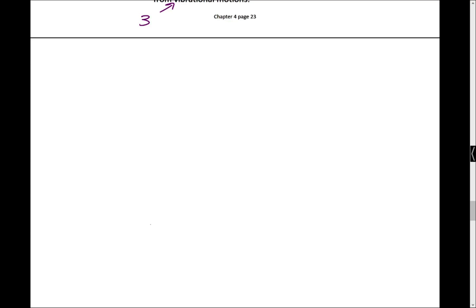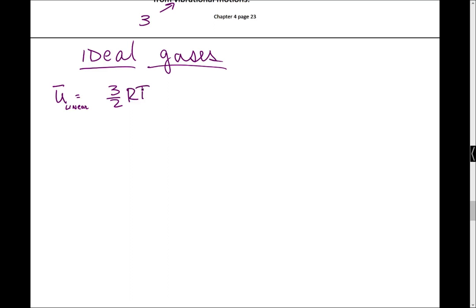For ideal gases, what we have shown is that U per mole will be equal to, and I'll do it with a linear molecule, 3/2 RT from translation.